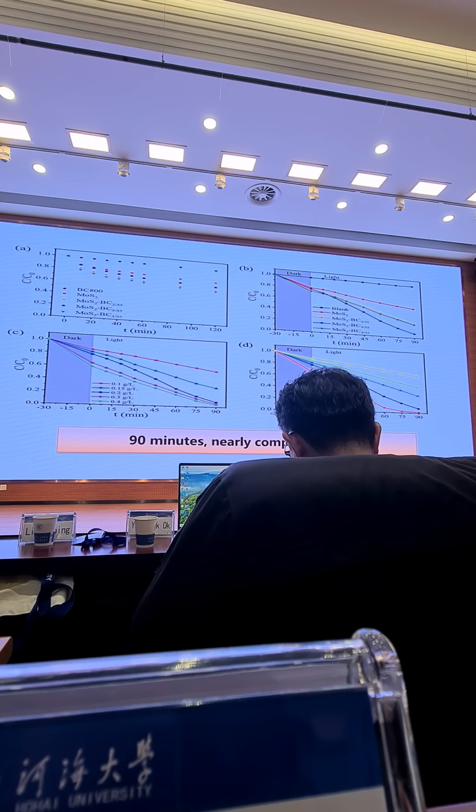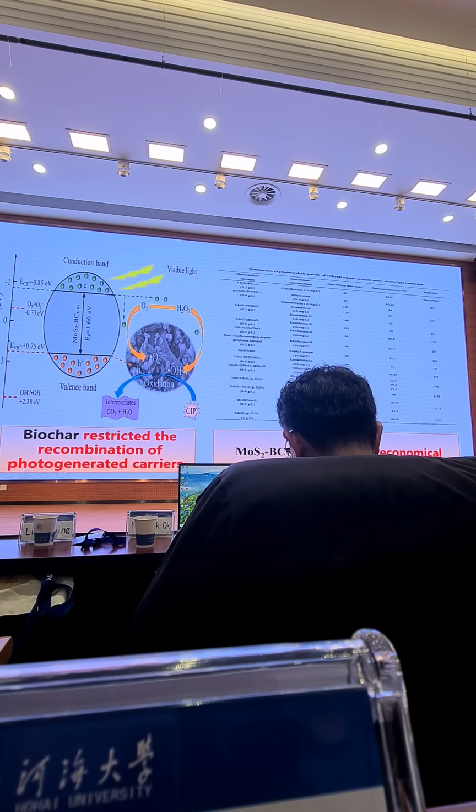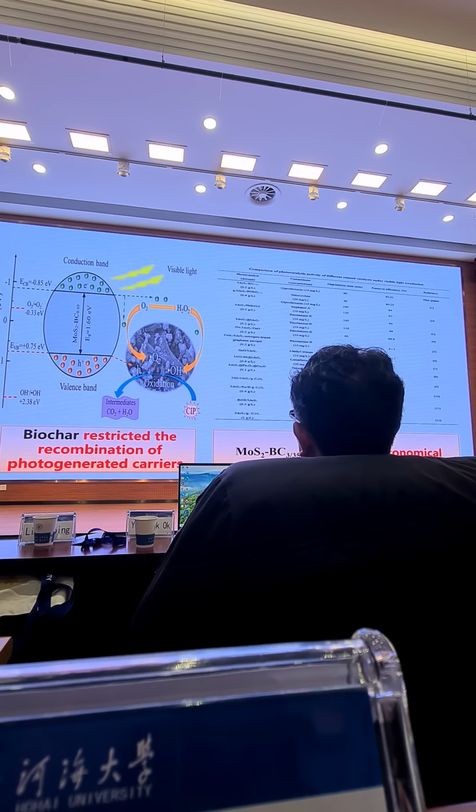Theoretically, they should have treatment before release to city sewage systems, but most of the time they don't. So that's why we have this project. And you can also see the biochar restricted the recombination of the photo-generated carriers, making the technique simple and economic.